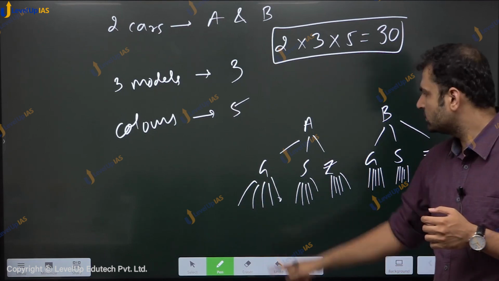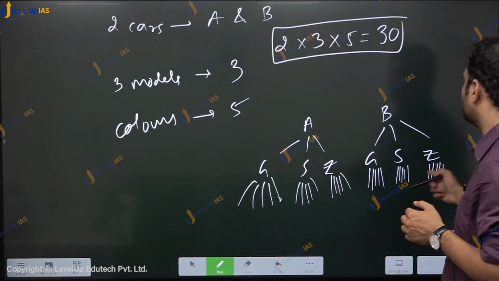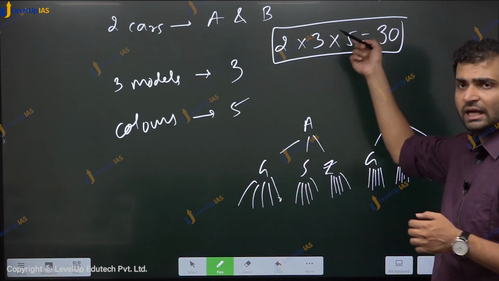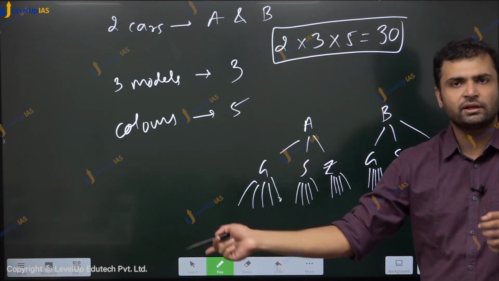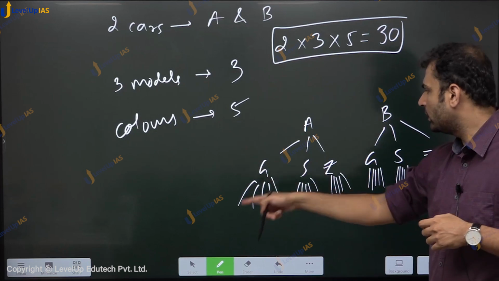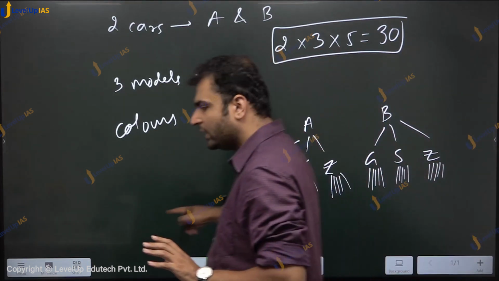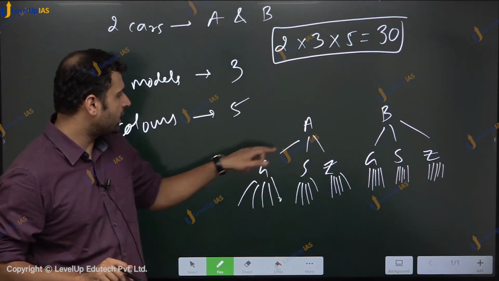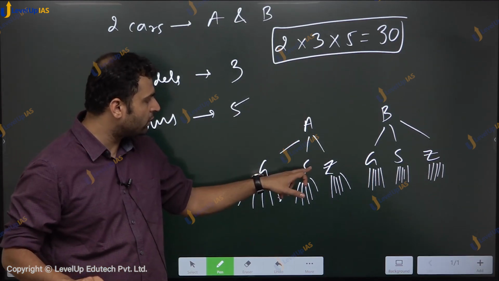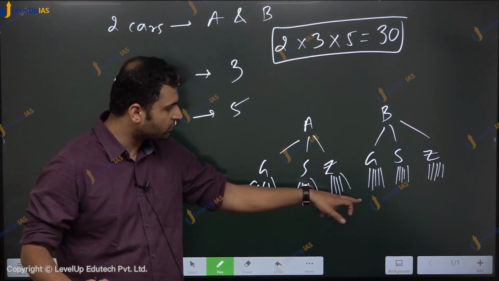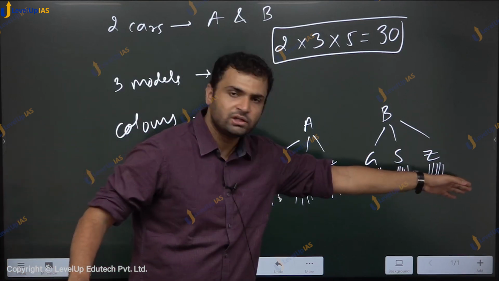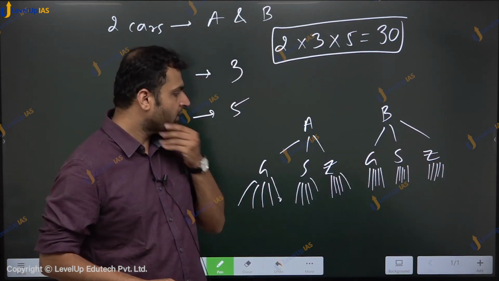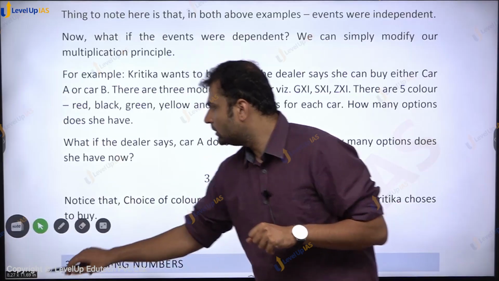How many total choices? 5 plus 5 plus 5 plus 5 plus 5 plus 5, 30. जो आंसर यहाँ पे आया, यही आंसर मैन्युअली लिस्ट करके भी आया कि कार, मॉडल एंड कलर्स. फाइन. तो टोटल 5, हर इस कार के इस मॉडल के 5 ऑप्शन, इस कार के इस मॉडल के 5 ऑप्शन, इस कार के इस मॉडल के 5 ऑप्शन, तो 15 ऑप्शन ये और 15 ऑप्शन, तो 30 ऑप्शंस इन टोटल.